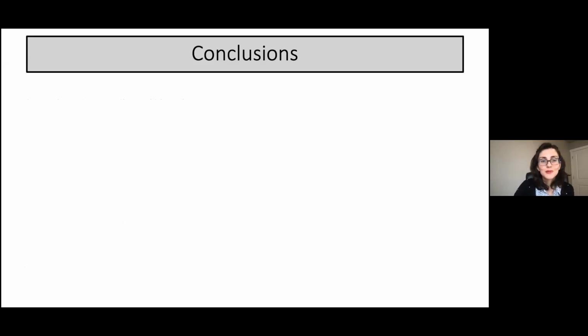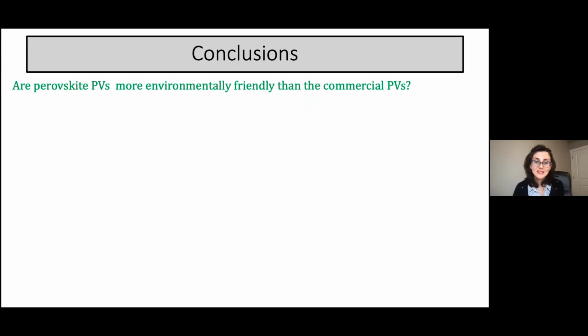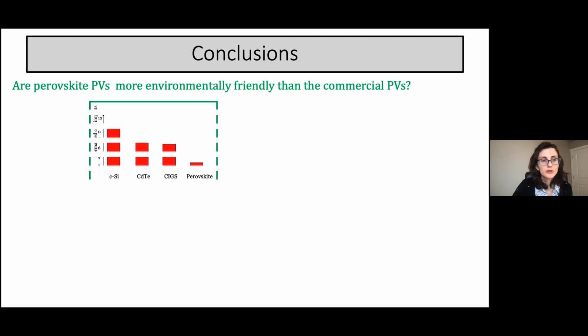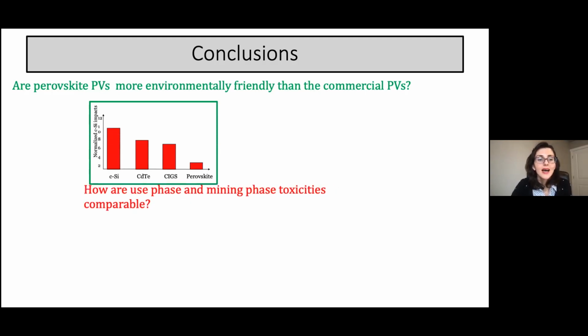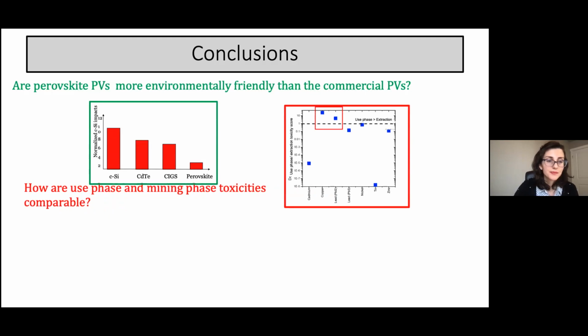And I wanted to finalize my slides. Just wanted to remind you some significant conclusions of our research. I talked about emerging PV technologies, and I asked, are perovskite PVs more environmentally friendly than the commercial solar technologies? And the answer was yes, a lot more. And how are the use phase and mining related toxicities comparable with other technologies?